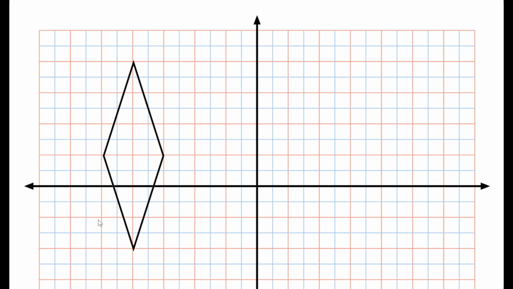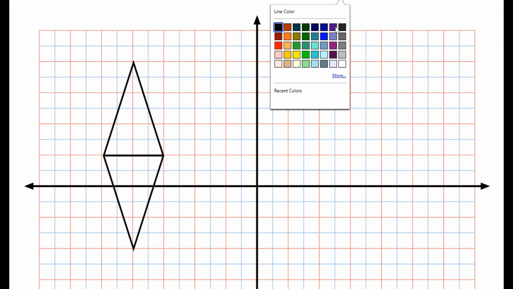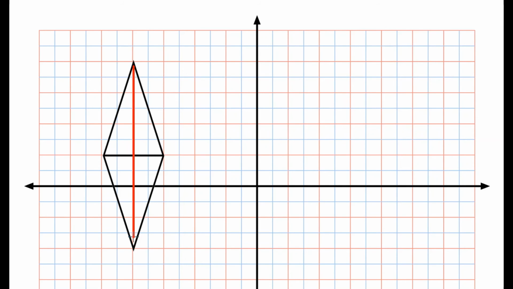Here I have a kite, or not a kite, but a rhombus all set up for you. We're going to draw in one of the two diagonals. What that does is that breaks up this rhombus into two isosceles triangles. Then what I'm going to do, change colors here, I'm going to drop this one down. I'm going to draw in the height of those two isosceles triangles.